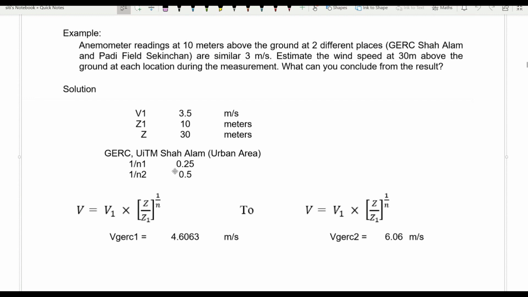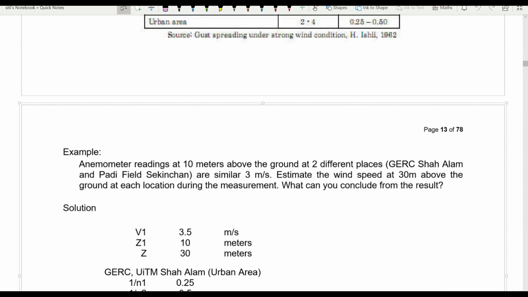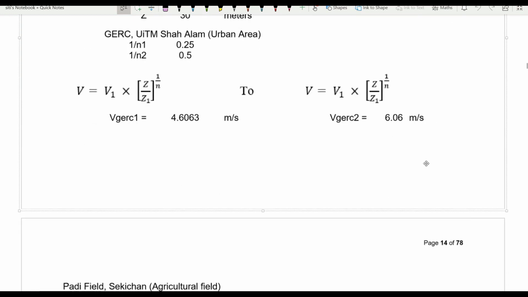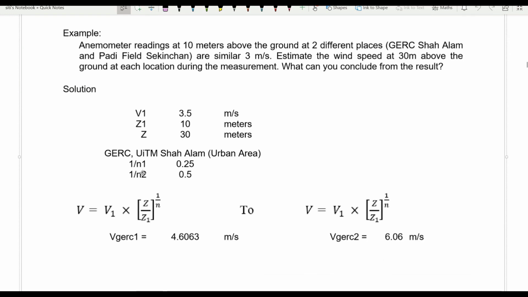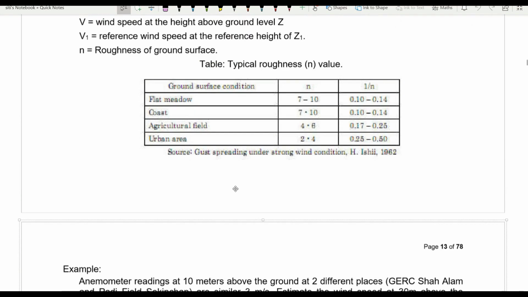So using two roughness values, the first equation uses the first roughness and the second equation uses the second roughness, because this equation is based on the 2 to 4 roughness. So 1 over N1 means 1 over 2, you get 0.5.